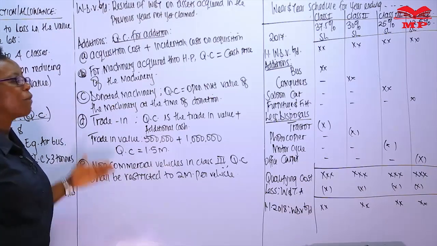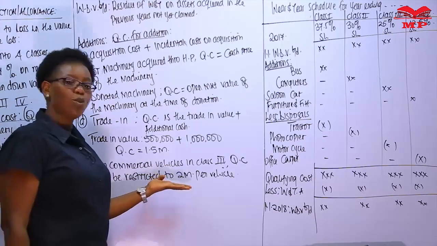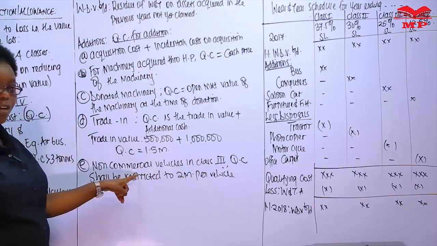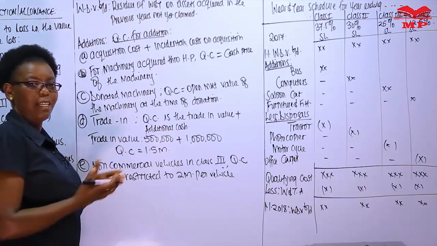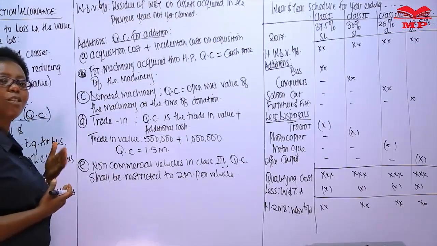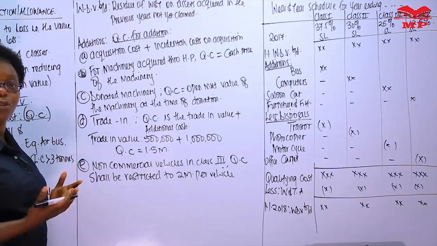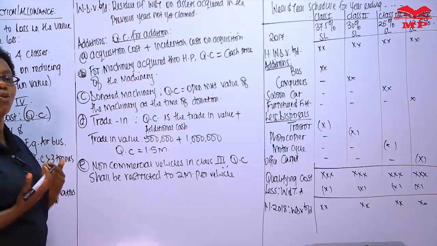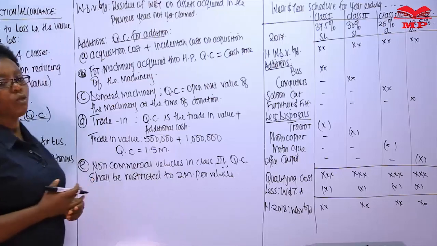You can do that. But for wear and tear purposes, that vehicle is going to be valued at 2 million because it is non-commercial. It is not being used directly to generate business income. It is not like a lorry, a van, or a pickup, which is supposed to be for load. It is meant, for example, to transport people from one point to the other.